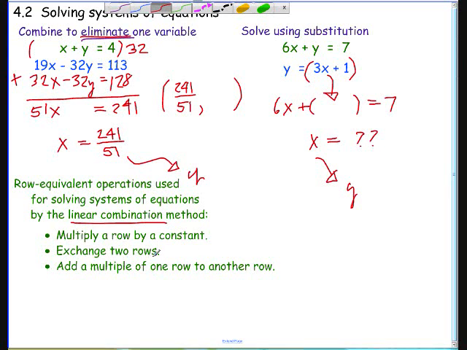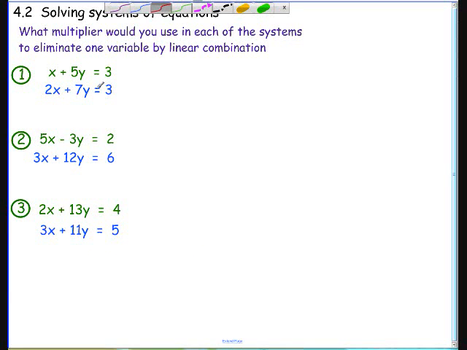You can exchange two rows. You can make equation 1 move down into the second position and vice versa. You can add a multiple of one row to another row, which is what we did here. So those are the row equivalent operations. Those are operations you can use when solving by linear combination.